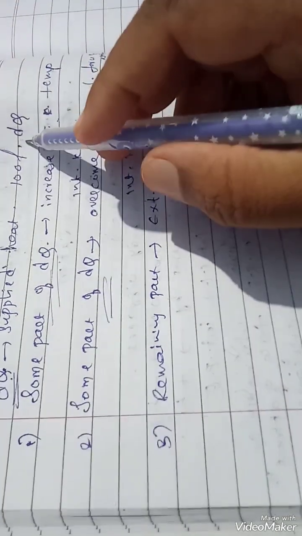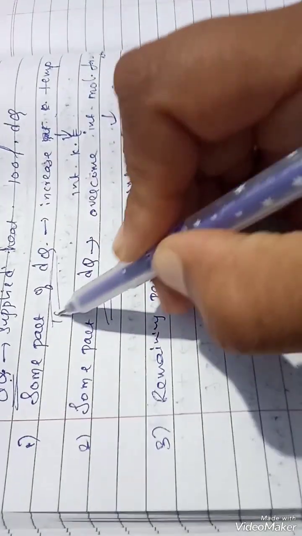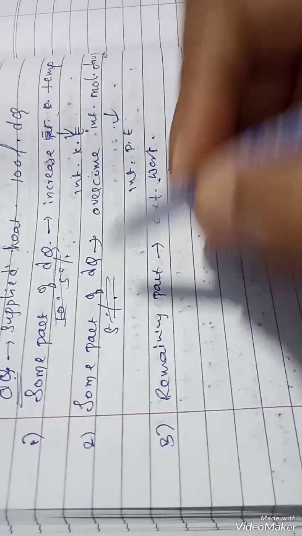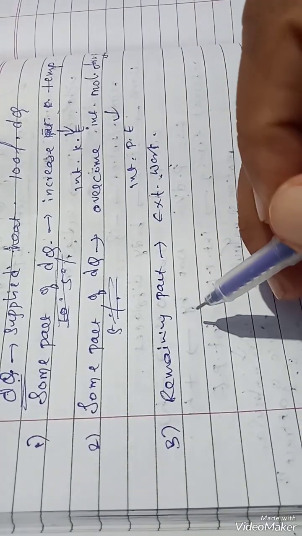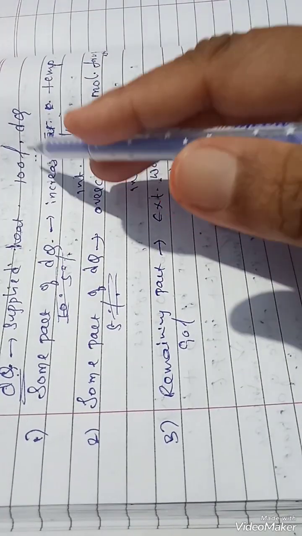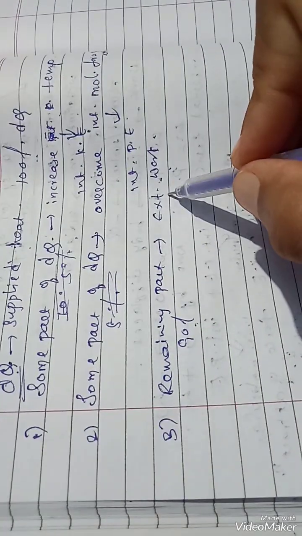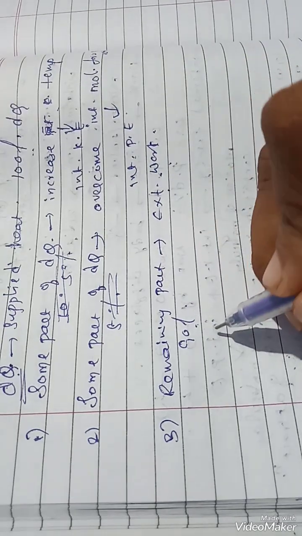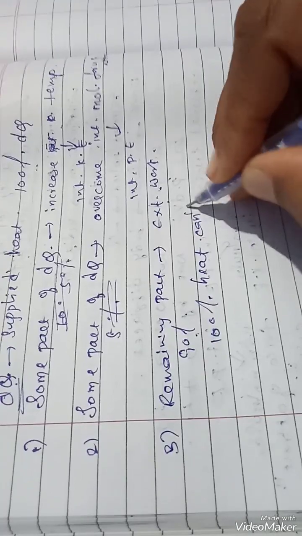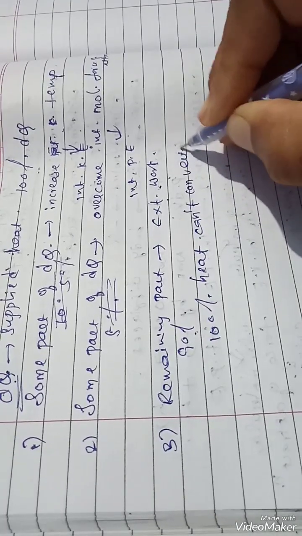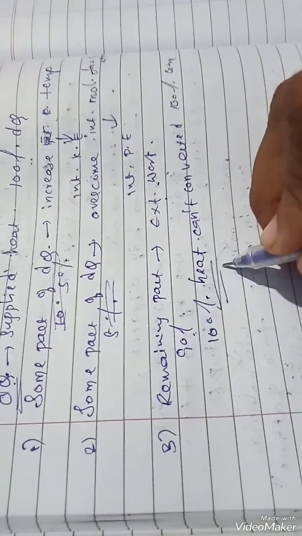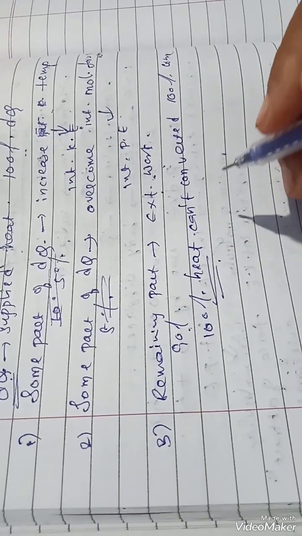Means when I supplied 100% heat, for example, I am saying 5% is used for this, 5% is used for this. Means how much percent remained? Only 90%. Means out of 100% which I supplied, only 90% is converted into work. Means 100% of heat supplied cannot be converted into 100% of work. That we call the first law of thermodynamics.